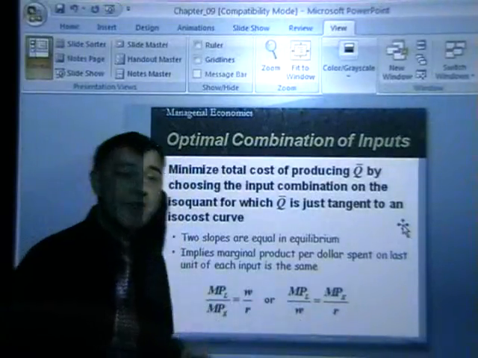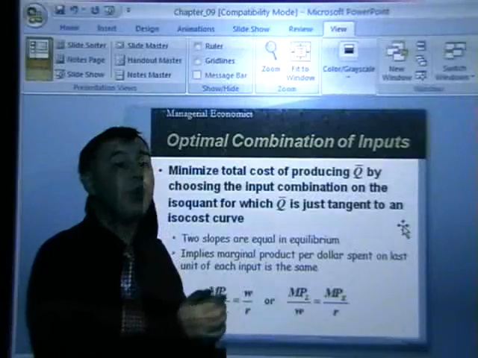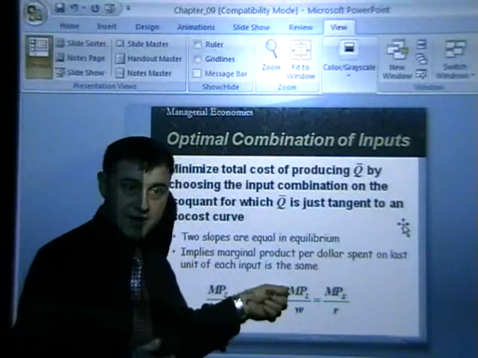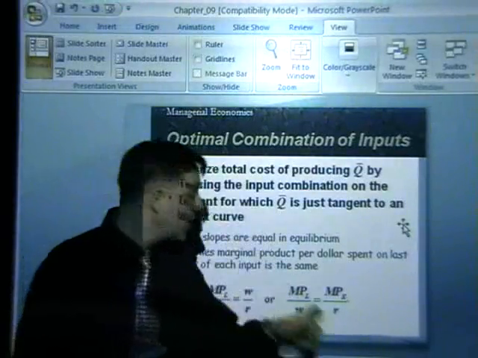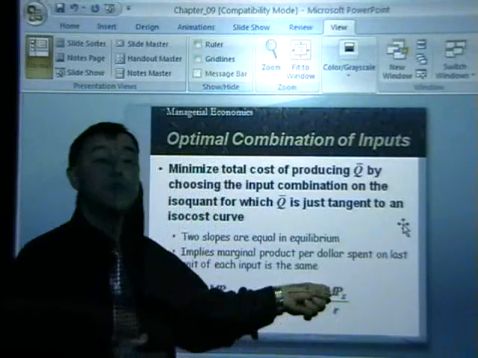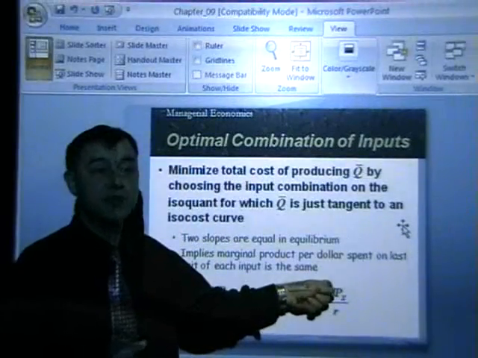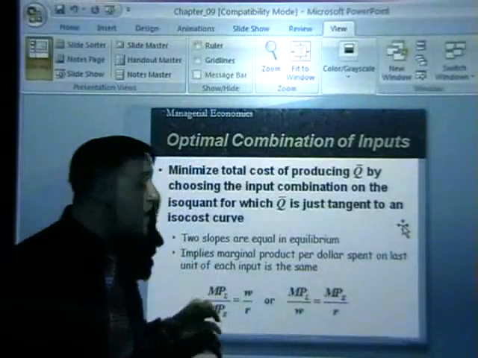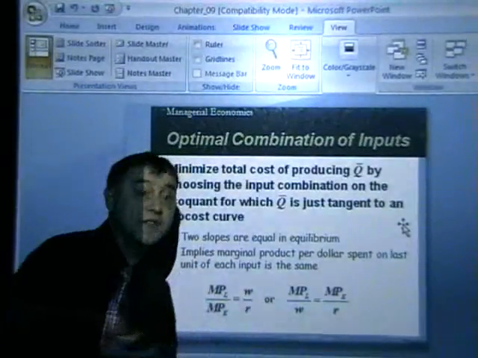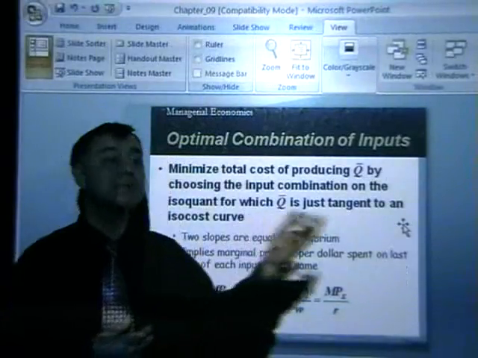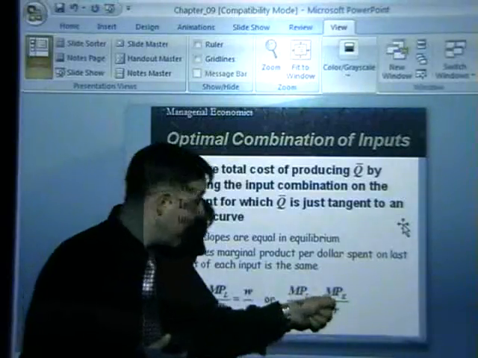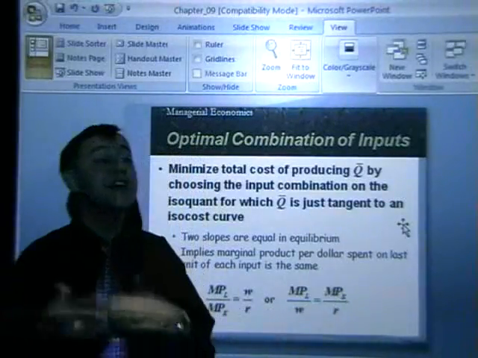It means that the extra product of labor on an extra dollar of labor, so when you spend let's say $100 more on workers, the extra product that you get will be the same as if you spend the $100 on capital with the extra product of capital. So, the marginal or extra product that you're getting out of a dollar spent on labor is the same as the extra product that you're getting on capital.